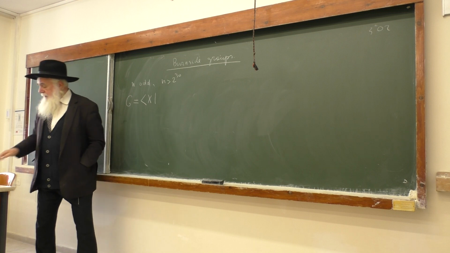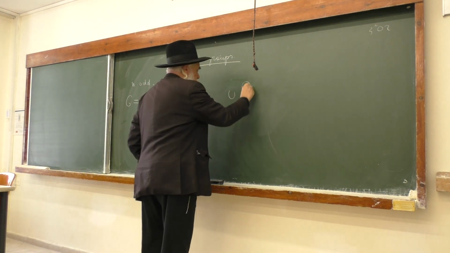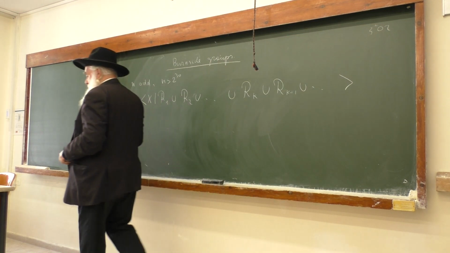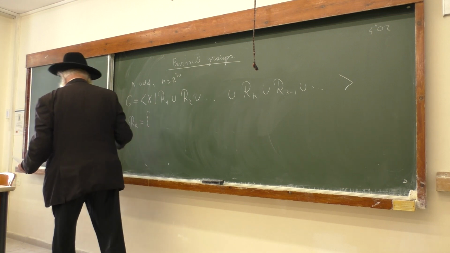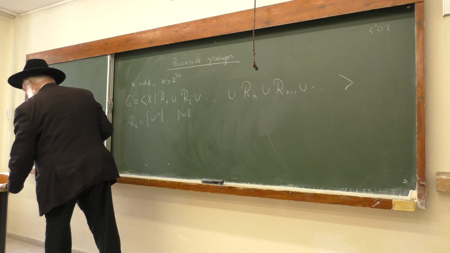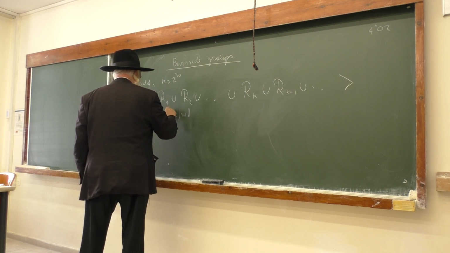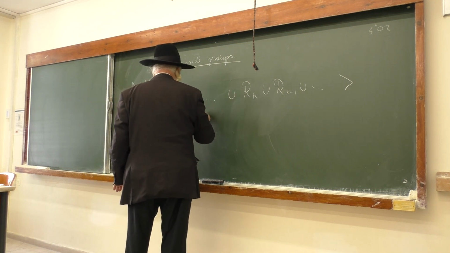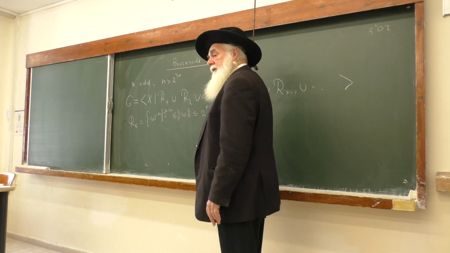The set of relators we divide into levels: R1, R2, RK, RK plus 1, etc., where RK will be the words of the type W to the power n, where the length of W will be between 2 to the power k minus 1 times 10, and 2 to the power k times 10 minus 1. So these are the slices.